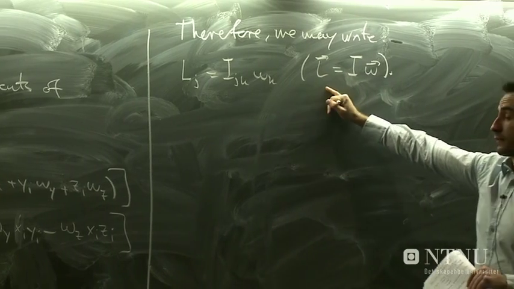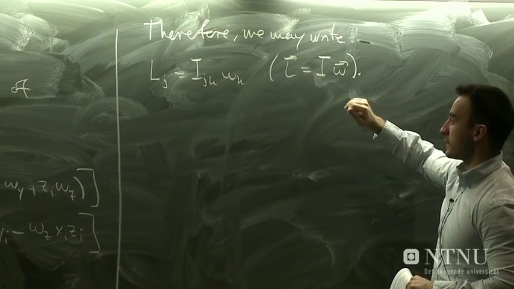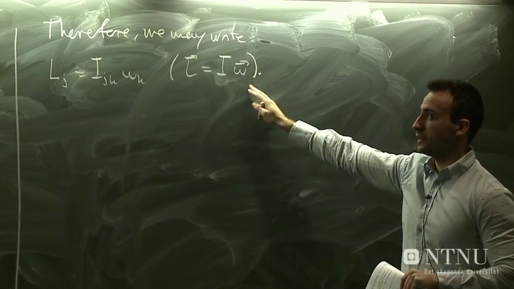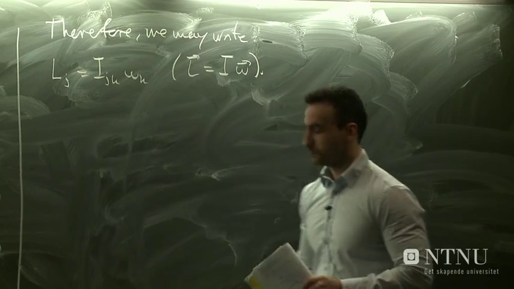Namely, we can write that the L vector, the angular momentum vector, is equal to some matrix I, large I, multiplied with the omega vector, or in component form like this.